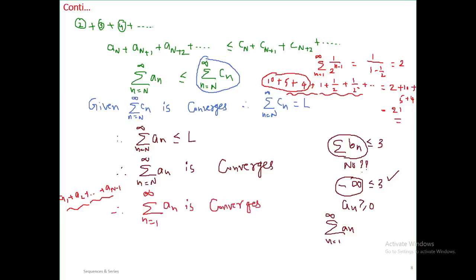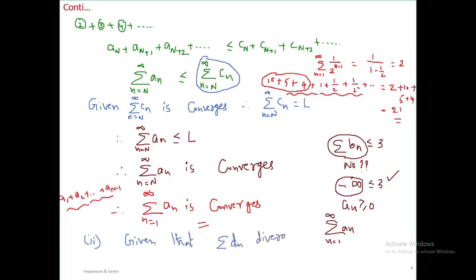Okay. So this is the first statement. Similarly, the second statement. What is the second statement? Again, same story. Given that the series dn diverges.